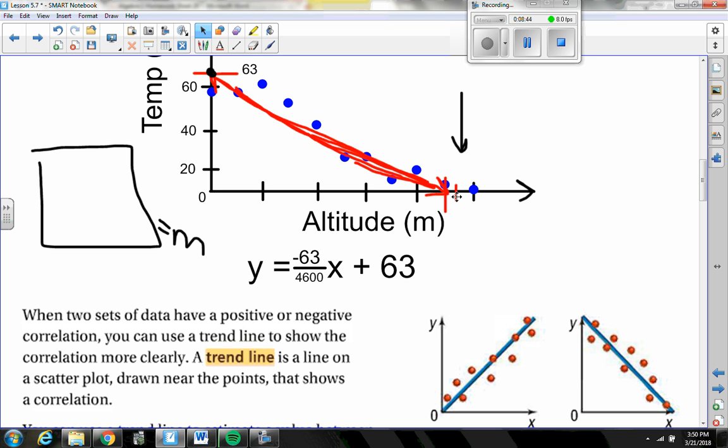And now that was just my best guess of what the trend line is. I can't say for sure that that's exactly what it should be, but this equation then could help me find a whole bunch more points, right?